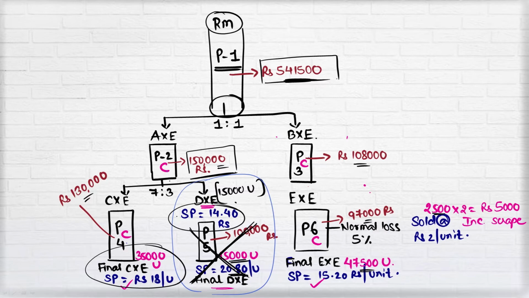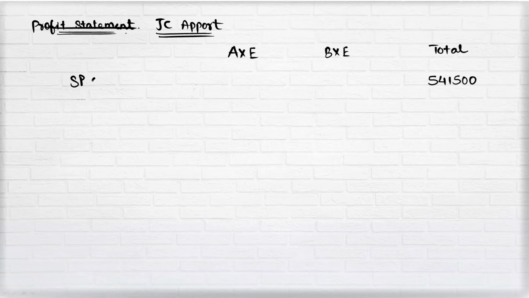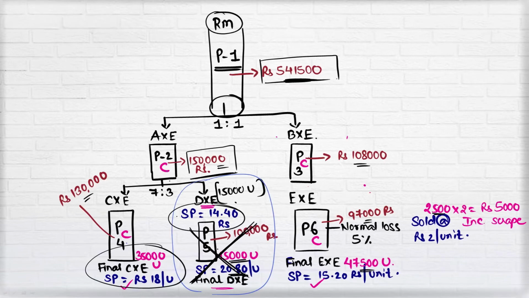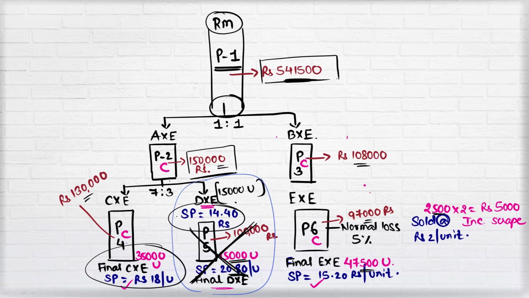It is 35,000 into 18, plus, we are not further manufacturing this, so it will be 15,000 into 14.40. This will be the final sales value of AXC. Ultimately it is CXC and DXC, but this is the final sales value of AXC.